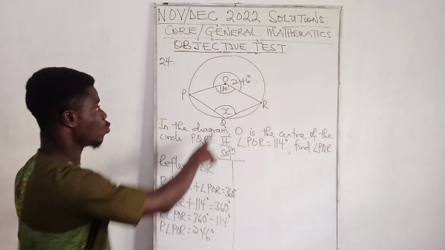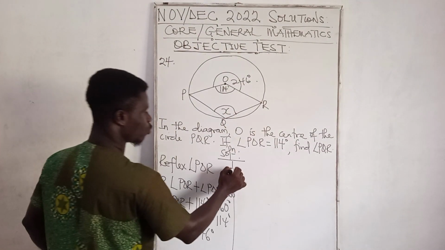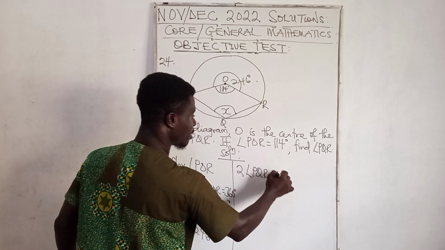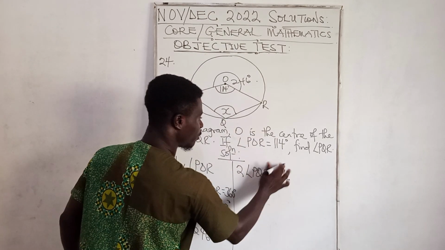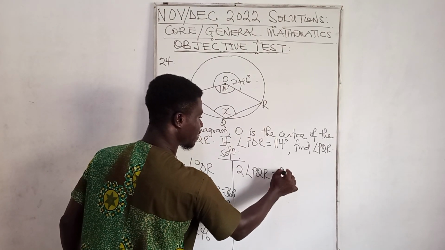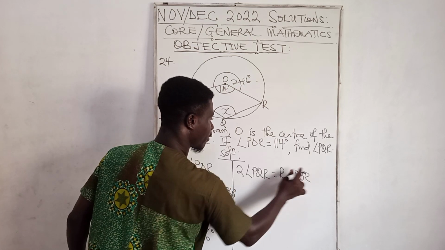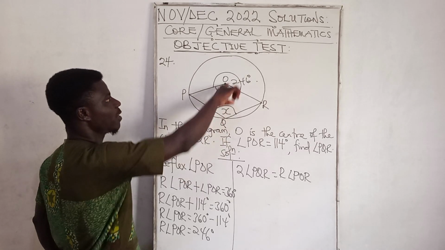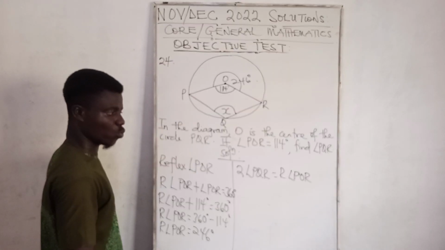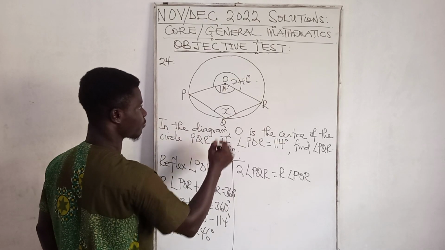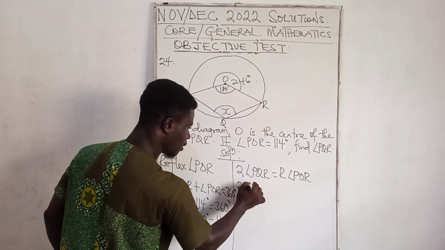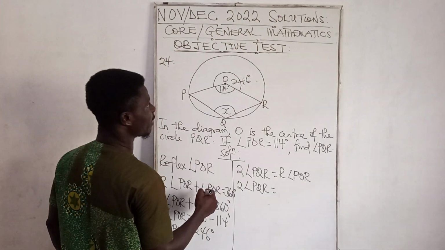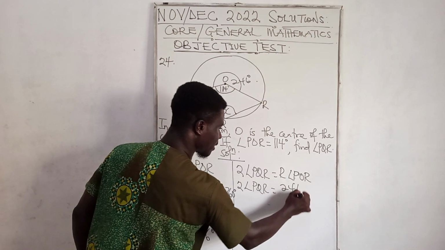So twice of this x, so twice of angle PQR, must be equal to reflex angle POR. So 2 times x must be equal to this reflex angle POR. So I have twice angle PQR is equal to 246 degrees.